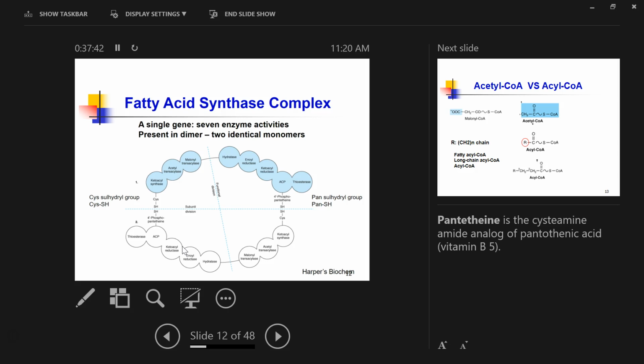One is called the cysteine SH end, and the other one is the pantetheine SH, or sulfhydryl group, right? These 2 ends can be attached by the acyl group. So it's the place where you can extend the hydrocarbon chain of fatty acids.